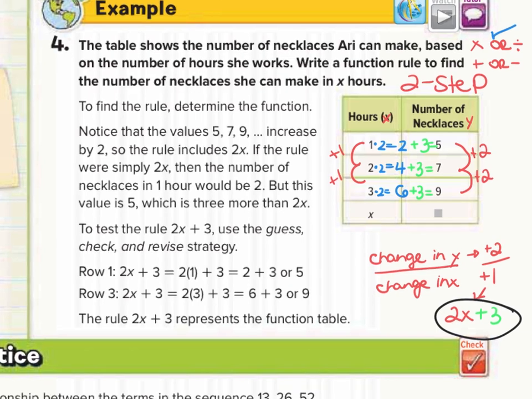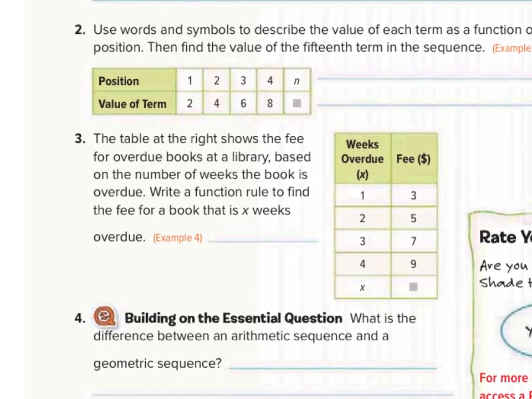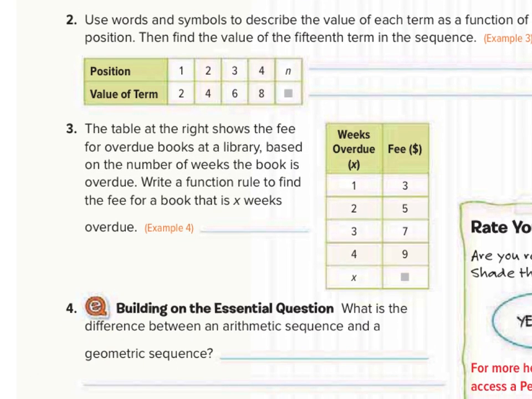So now we're going to scroll down and do another problem like this. Let's do number 3 down at the bottom. The table at the right shows the fee for overdue books at a library based on the number of weeks the book is overdue. Write a function rule to find the fee for a book that is x weeks overdue. So first you want to check if it's a one step.